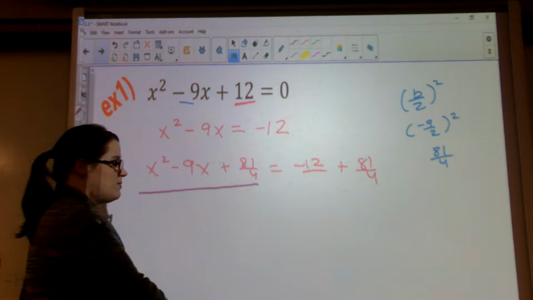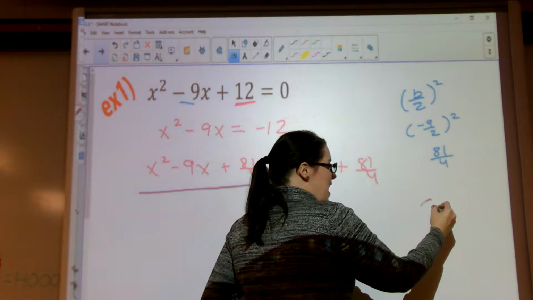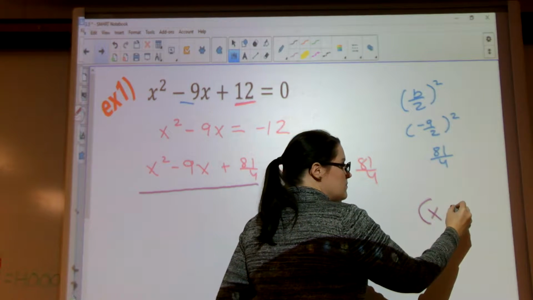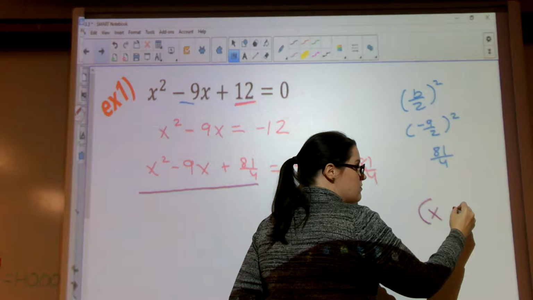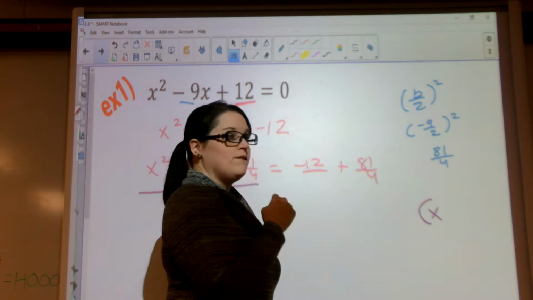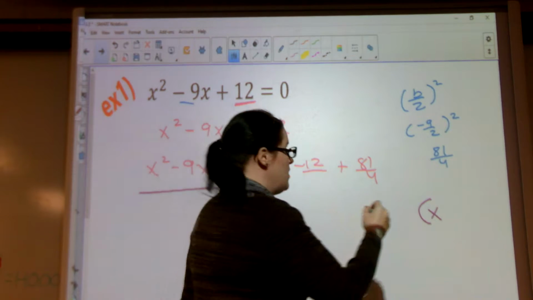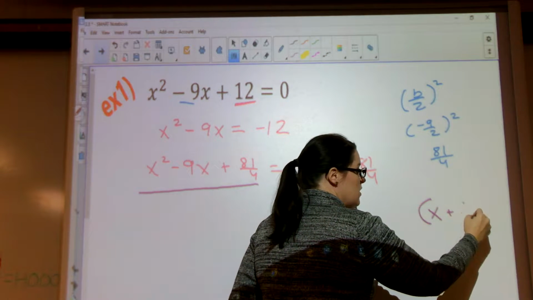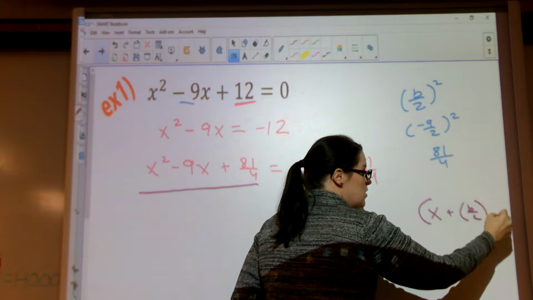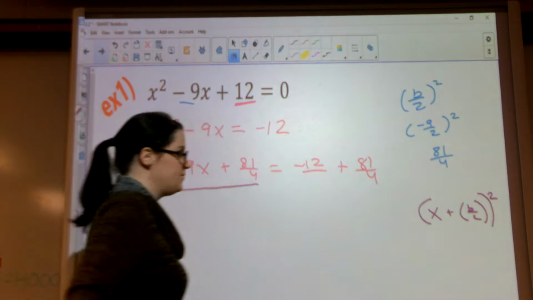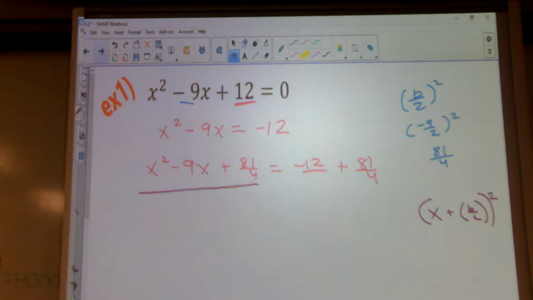What is it going to factor to be? It's going to factor to be x plus your b over 2. Notice it's not b over 2 squared. Every single time it's going to factor that way.